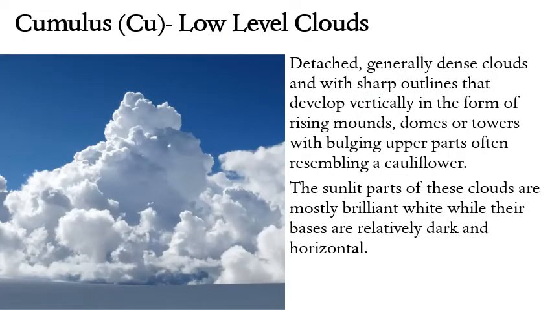Next, the very famous cloud, the cumulus cloud. As we can see, it is a towering cloud that resembles a series of cotton balls. Sometimes it can appear as a cauliflower or a head of broccoli.